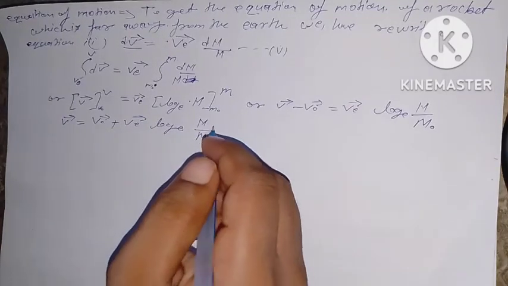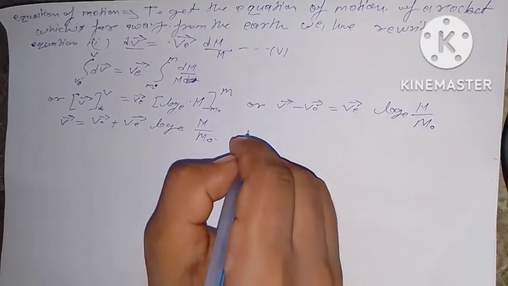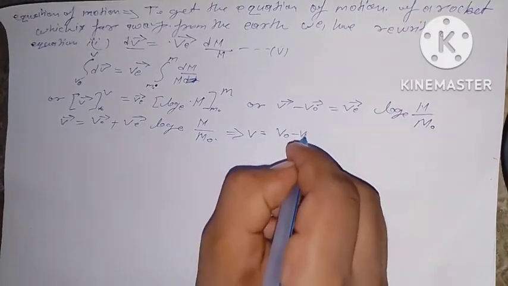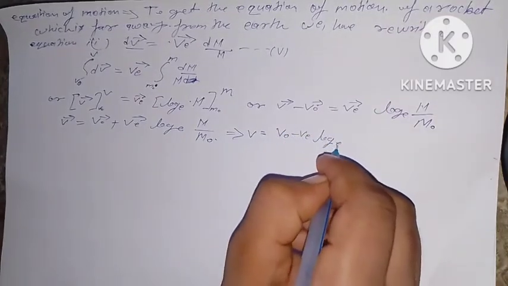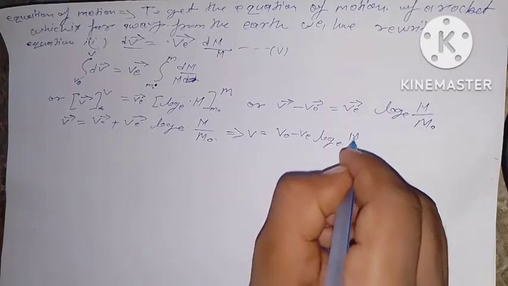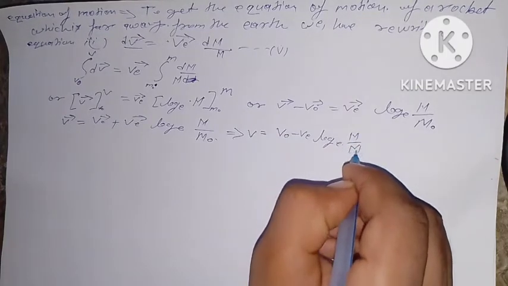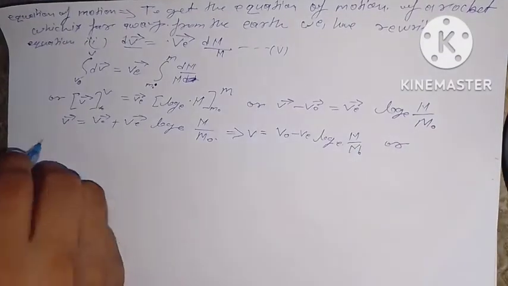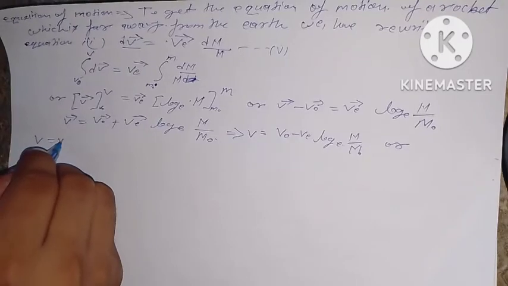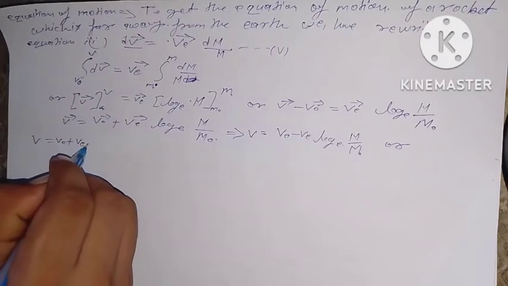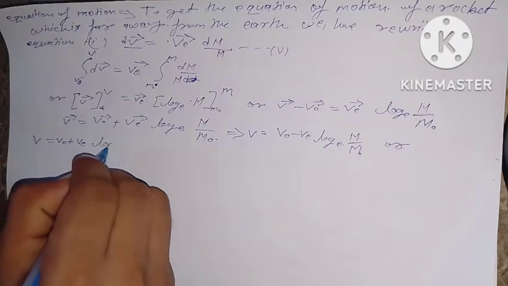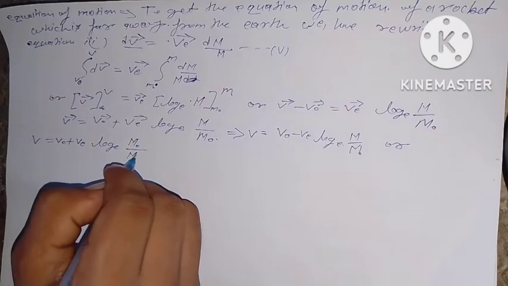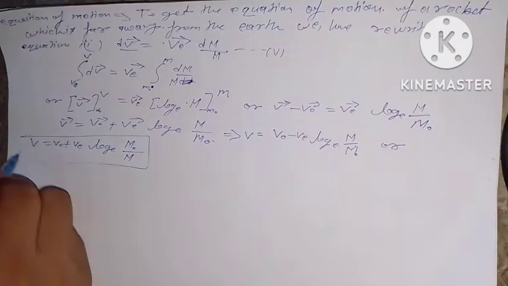Taking magnitude we get v equal to v naught minus ve log e capital M upon capital M naught, or v equal to v naught plus ve log e capital M naught upon capital M. This is the equation number 6.